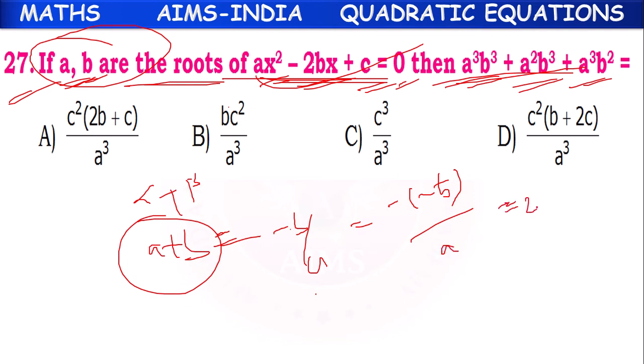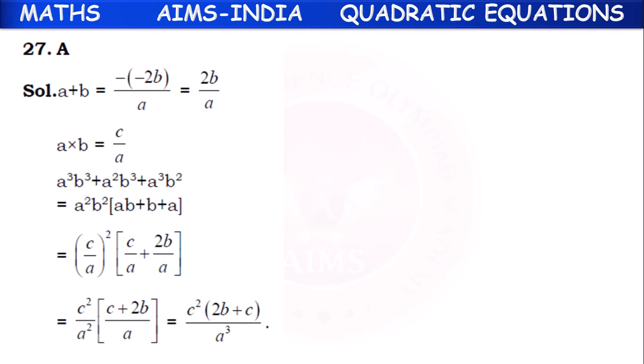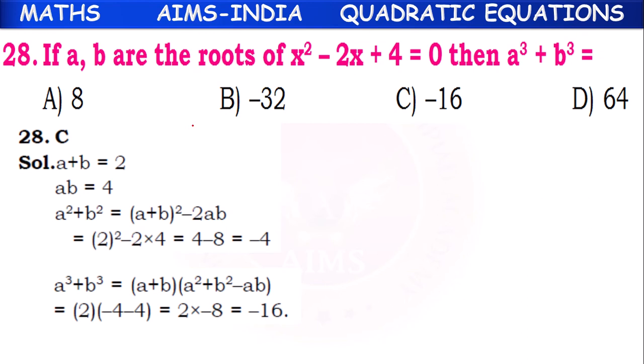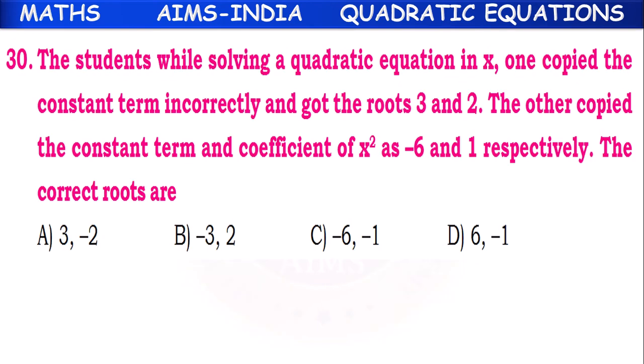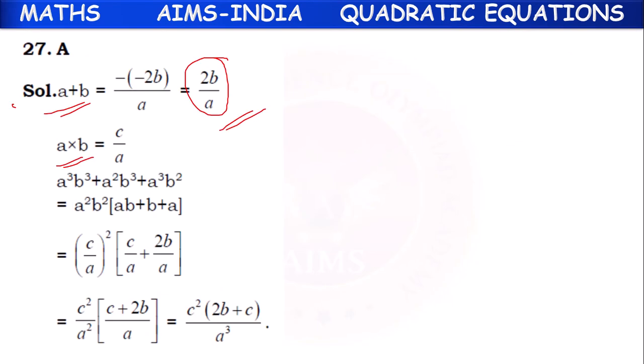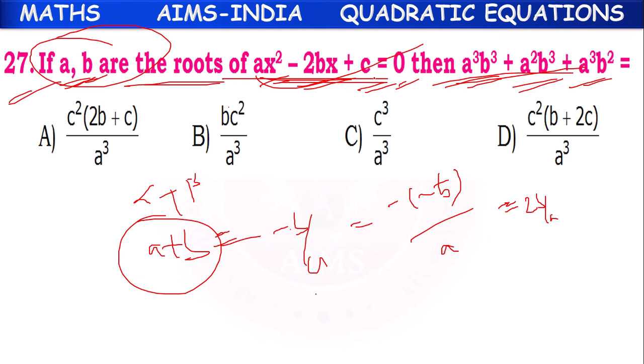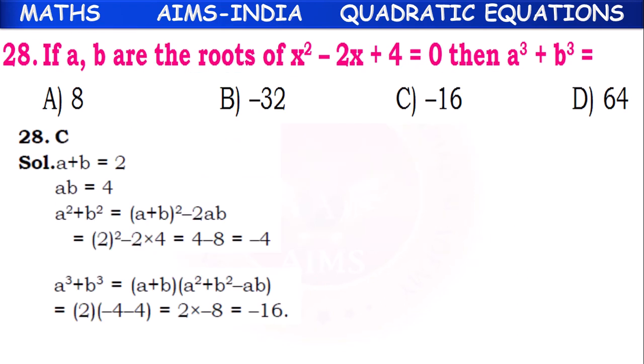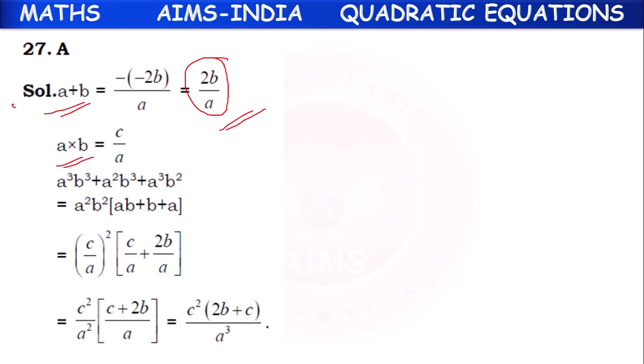Minus into minus is plus, 2b by a. So here 2b by a is the sum of roots. Product of roots equal to c by a.